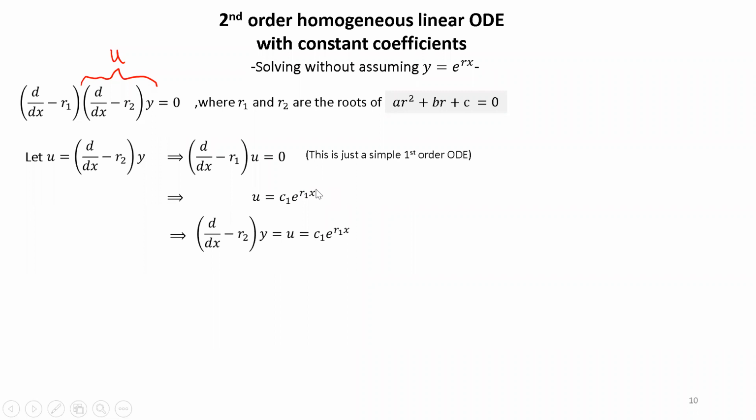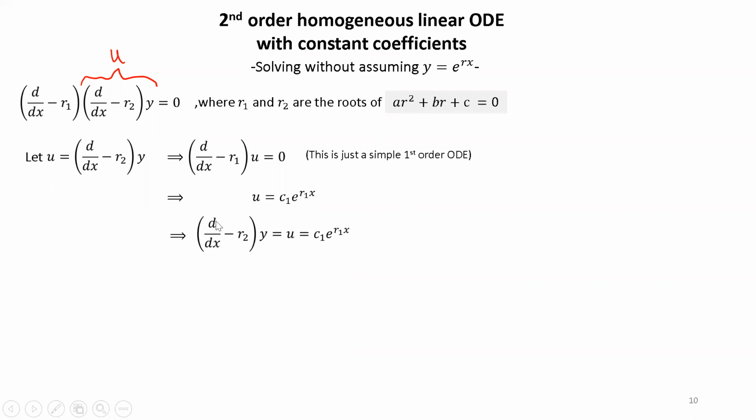Now I have to take care of this part itself. I find u, but that's not enough. At the end, I want to find y. I solve for u as a function of x, but at the end I want to solve for y as a function of x. So I make use of this: this operator operating on y is u.